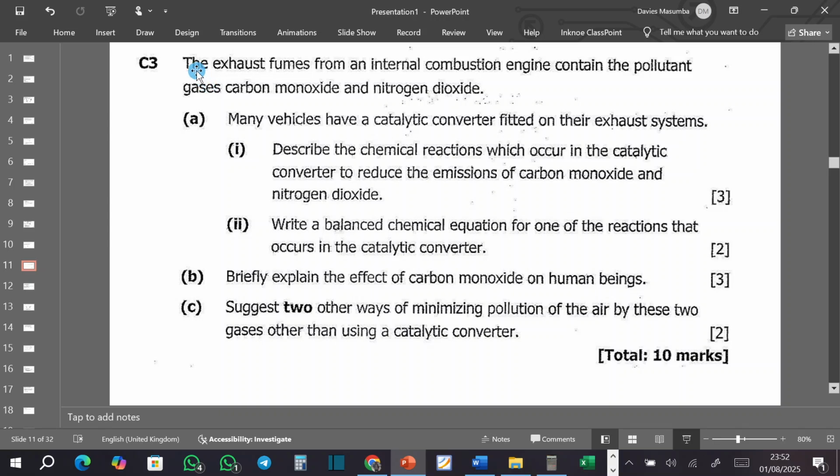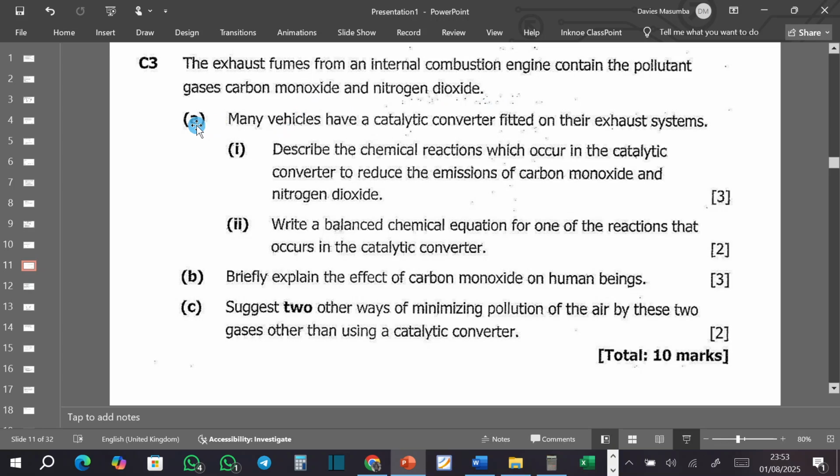So they're saying the exhaust fumes from an internal combustion engine contain the pollutant gases carbon monoxide and nitrogen dioxide, and many vehicles have a catalytic converter fitted on their exhaust system. So the engine, when it is burning the fuel, produces these gases, carbon monoxide and nitrogen dioxide. These are pollutants; they pollute the environment.